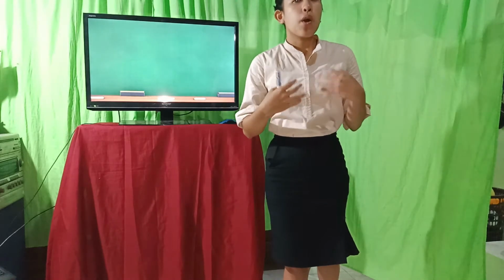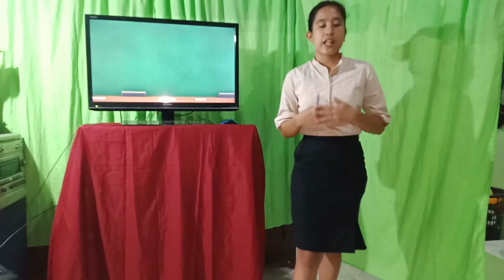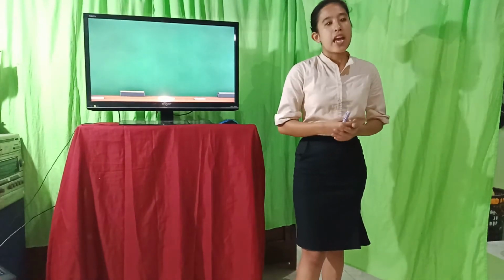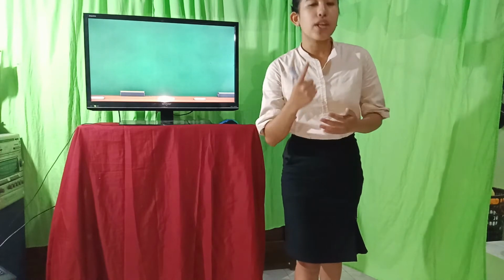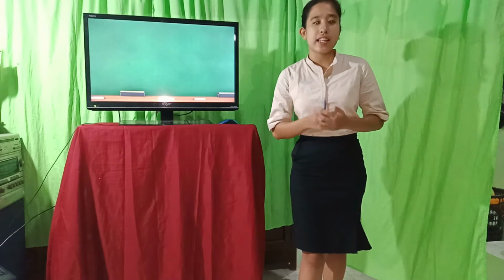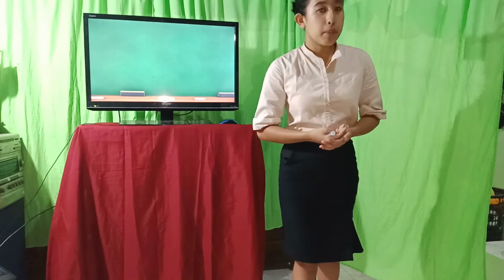Okay, so how can we say that a function has its inverse, or why can we say that it is a one-to-one function? A function has its inverse if and only if it is a one-to-one function. If a function f is not one-to-one, properly defining its inverse function will be problematic.